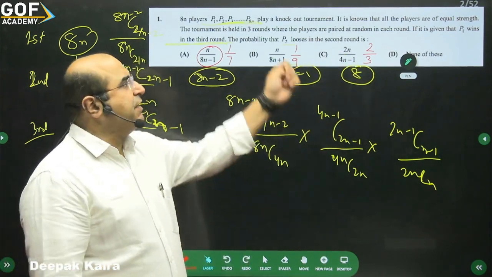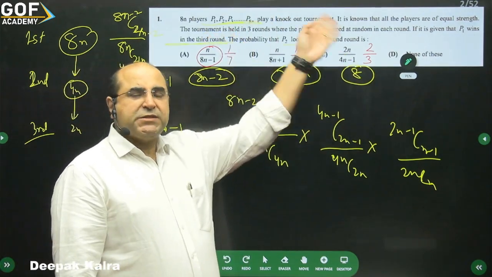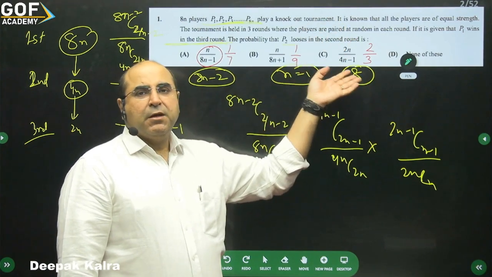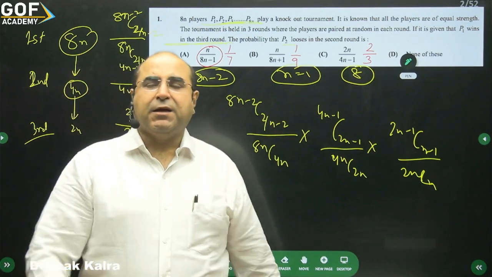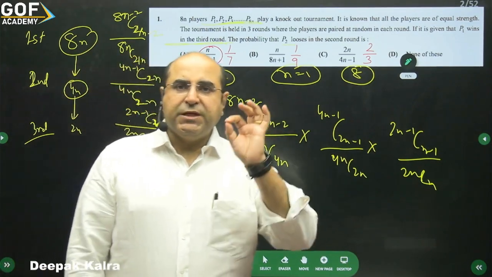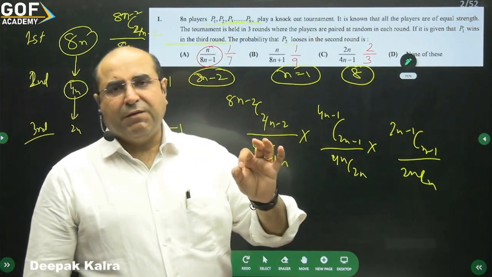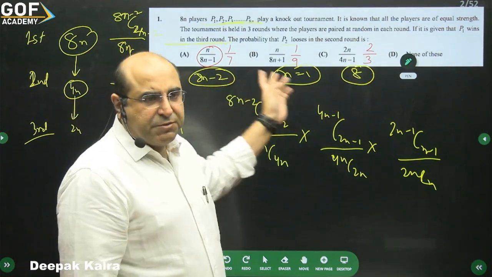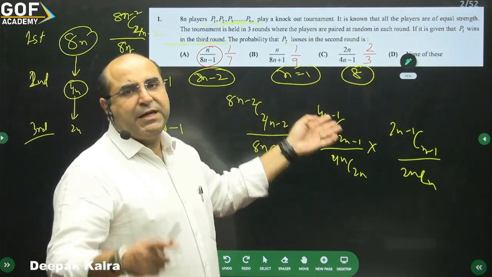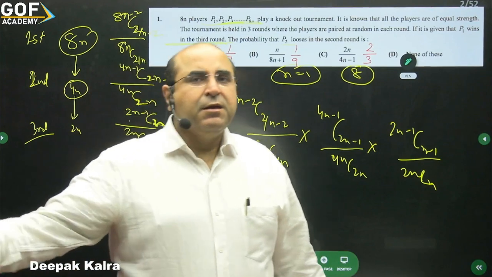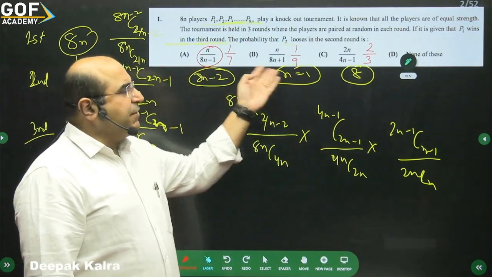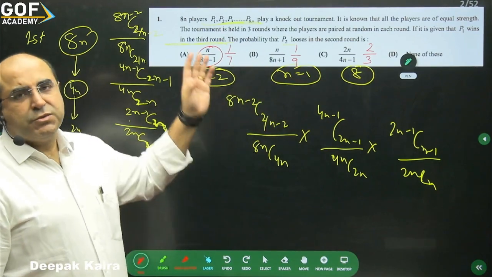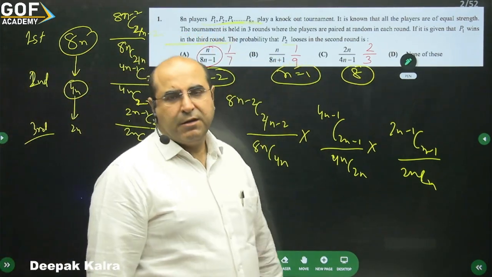Sometimes a student feels taking n is fine. We start with a question, and we don't see the options. Sometimes 2 options may clash with the same answer by taking n as 1. So better choose n as some particular value, check with the options first that all are distinct, and then declare that n as the correct one to start the question with. Sometimes if it is not matching, I would take n as 2, so I should go with 16 players then.